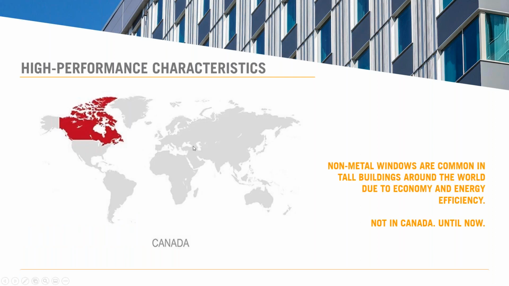So this story begins because historically in Canada, non-metal windows have been restricted in their use in tall buildings. However, it's only Canada. Everywhere else in the world, PVC and fiberglass have been used for a long time due to their economics and performance. And it has been that way until recently.